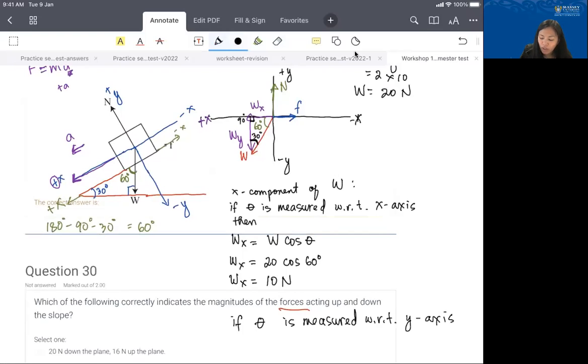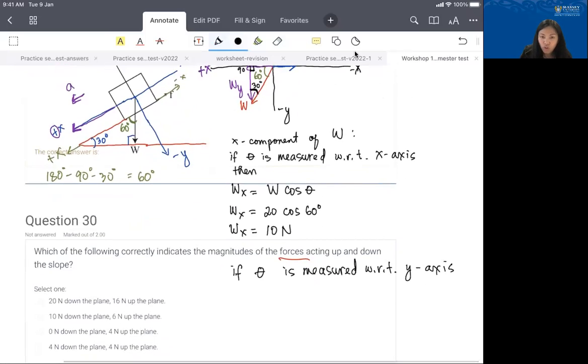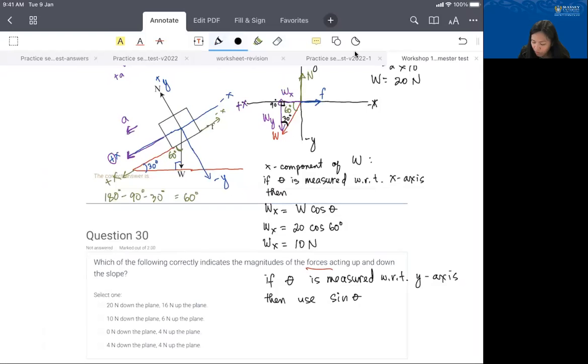So if you wanted to find the x component using the 30-degree angle of the slope, measured with respect to the y-axis, then you should use sine theta. So if theta is measured with respect to the y-axis, then use sine theta to find the x component.